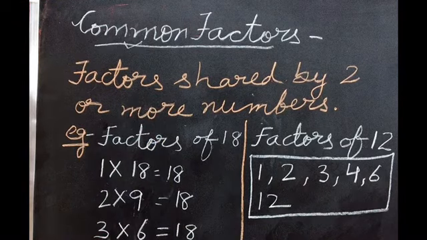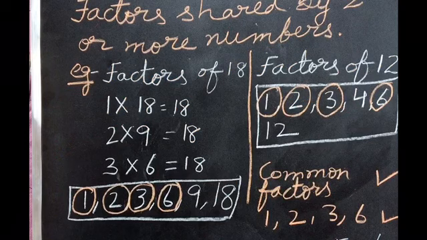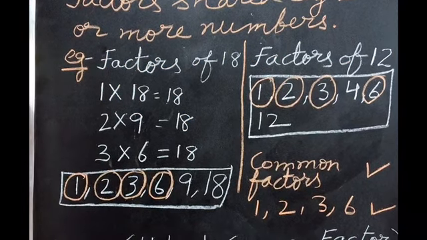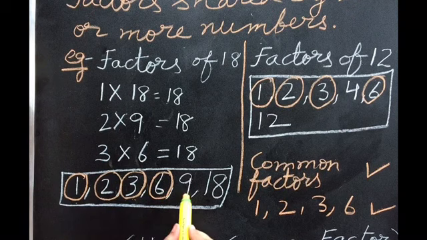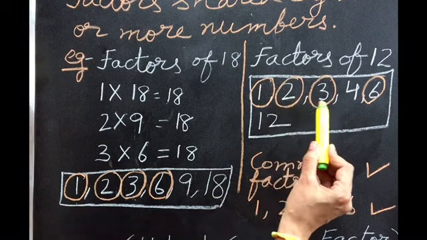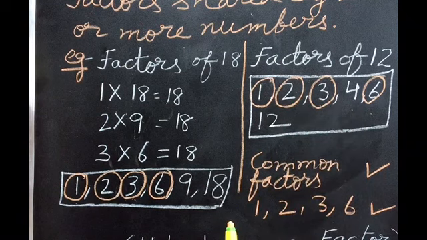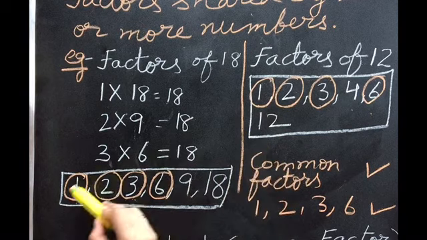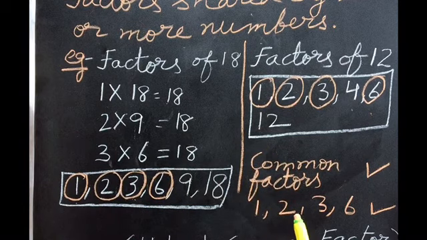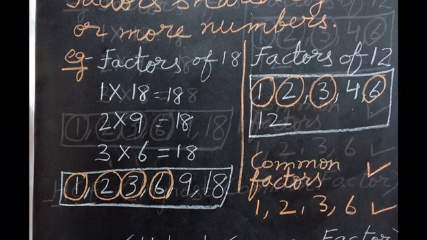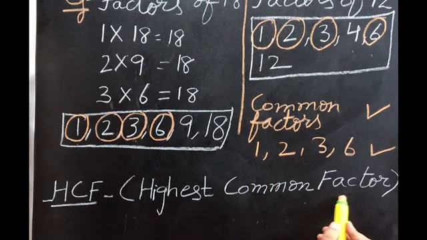So what are the different common factors? You can see, 1, 2, 3, 6, 9, 18 were the factors of 18 and 1, 2, 3, 4, 6, 12 were the factors of 12. So common which are present in both of them, 1, 2, 3 and 6, were the common factors which are available in all.